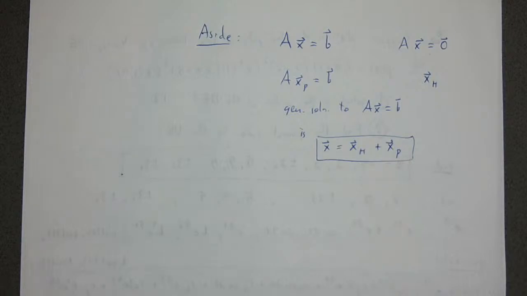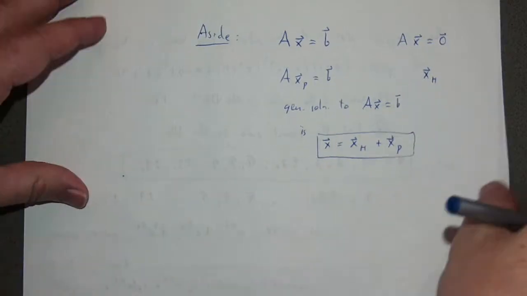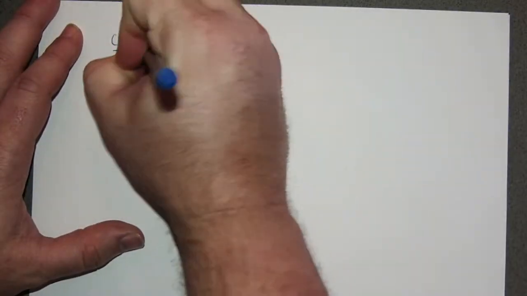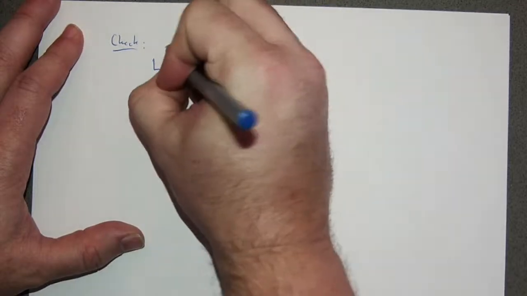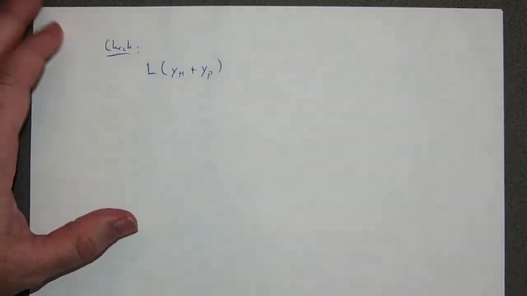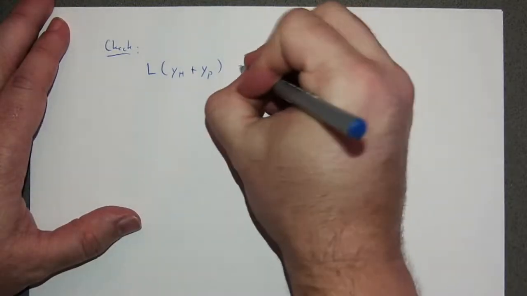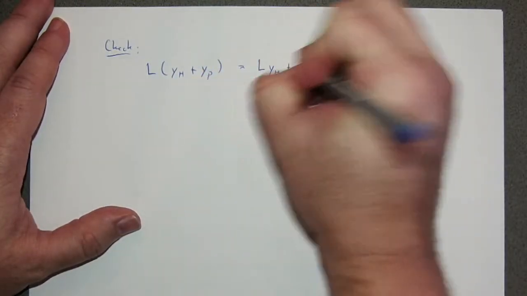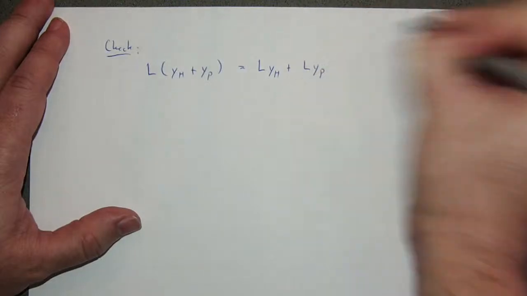The way of going forward to check this is actually pretty easy. We'll do that in differential equations land. So we can quickly check: what is L of y sub h plus y sub p? Well, because L is linear, this is L of y sub h plus L of y sub p.